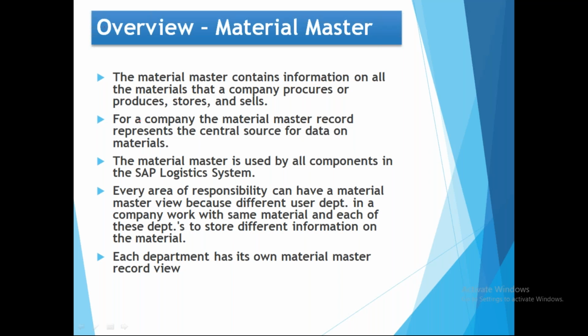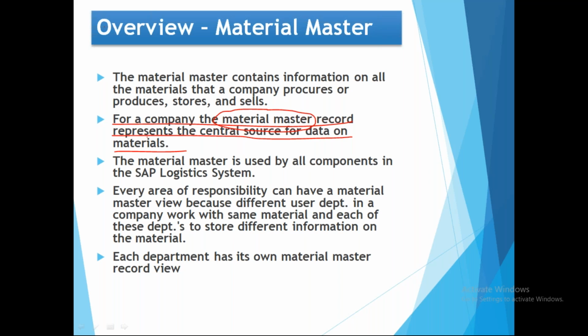For a company, the material master record represents the central source for data on materials. So material master is basically a centralized source of master data. It's not only relevant for one particular department or function. Material master is not relevant for only MM.